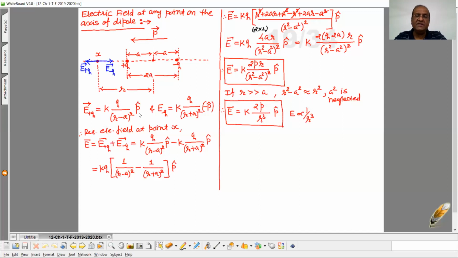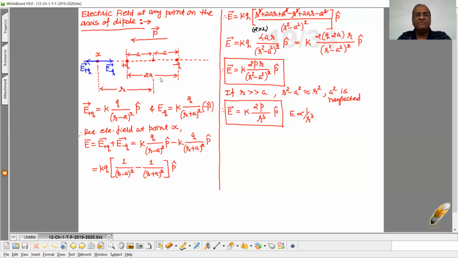So here multiply this one by P caret, which is the unit vector in the direction of the dipole moment. So this one is now in vector form. Then E due to minus Q is again, as per the equation, KQ upon R square.